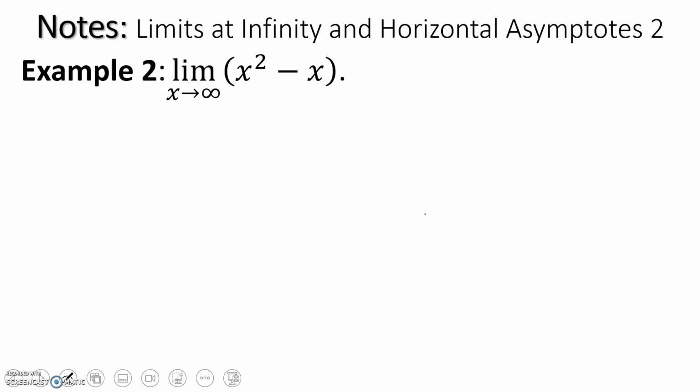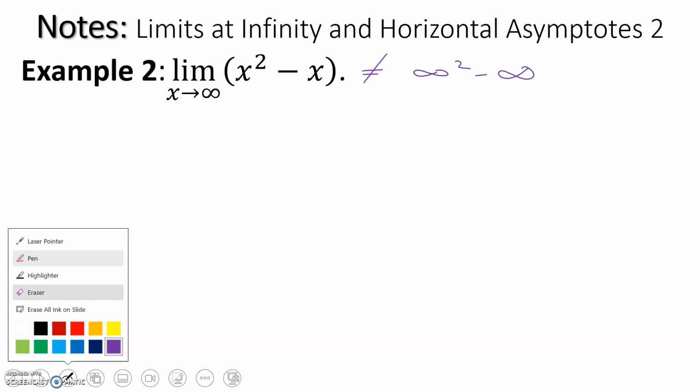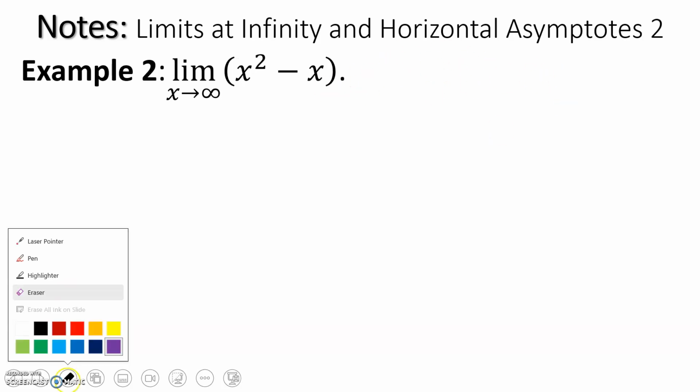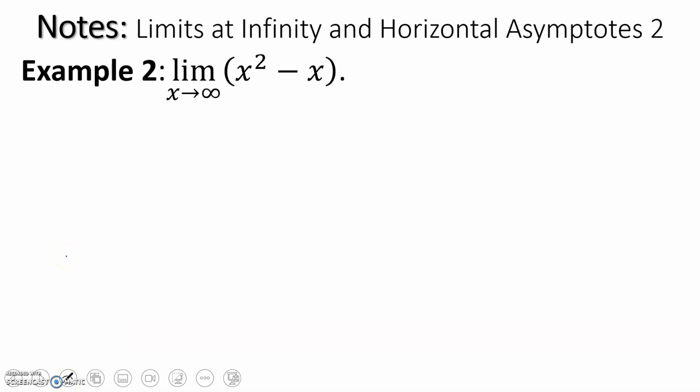So mathematically, we are not allowed to say infinity squared minus infinity, okay? Because both of these are unbounded, but we don't know which one is larger oftentimes. And so what we're going to do, we're allowed to multiply infinities and add infinities. We're going to rewrite this as a product because of that fact.